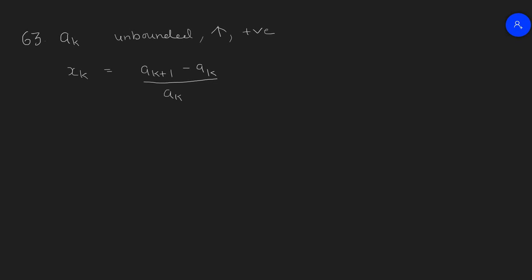So we have written here, a_k is an unbounded increasing positive sequence and x_k is defined as follows. Now the first option says, for all n greater than or equal to m, summation k varies from m to n, x_k is greater than 1 minus a_m by a_n.